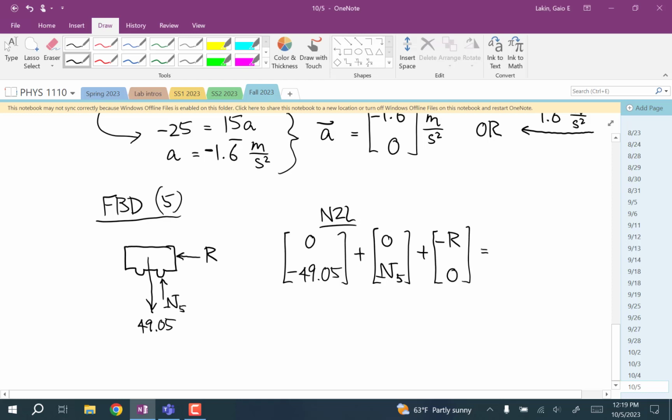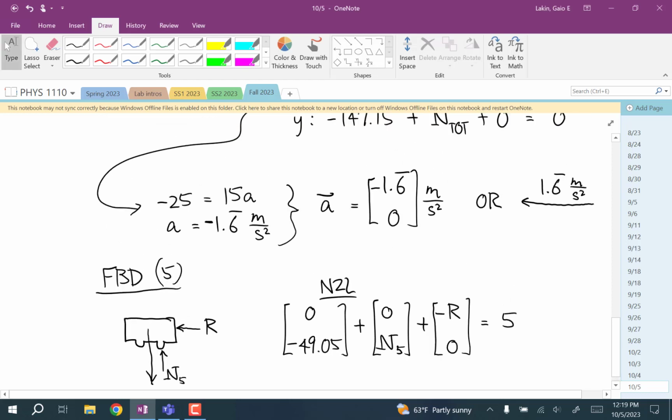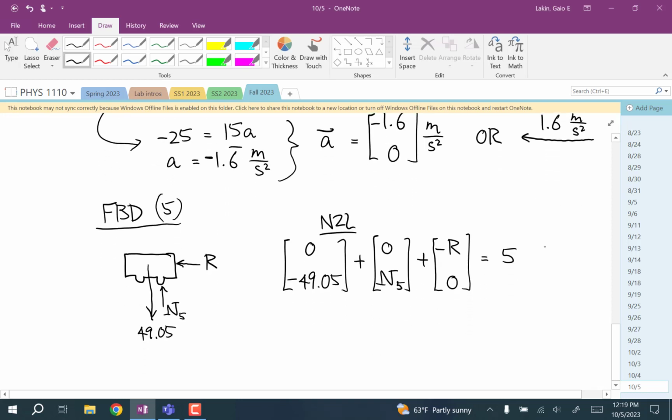And that's equal to the mass, 5, times the acceleration vector we just calculated because everything is accelerating the same. So this is negative 1.6 repeating for x, 0 for y. And we're trying to calculate the force vector on the 5 by the 10. So we're trying to calculate this.